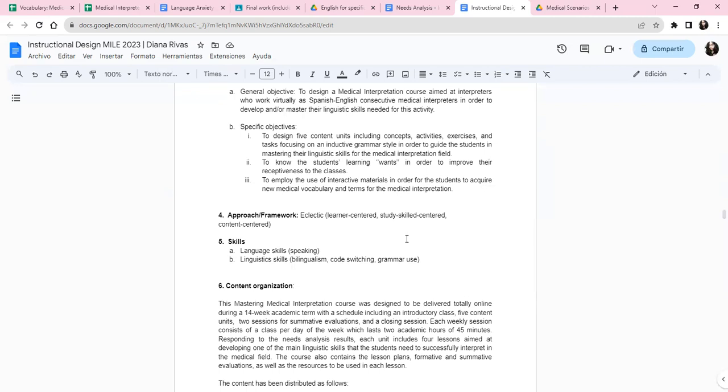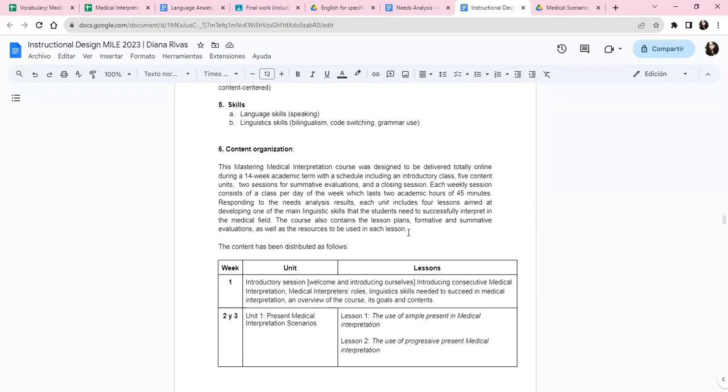When it comes to the skills, we would be mostly working on language skills such as speaking, but we are going to be more focused on linguistic skills like bilingualism, code switching, and grammar use, all of those together.